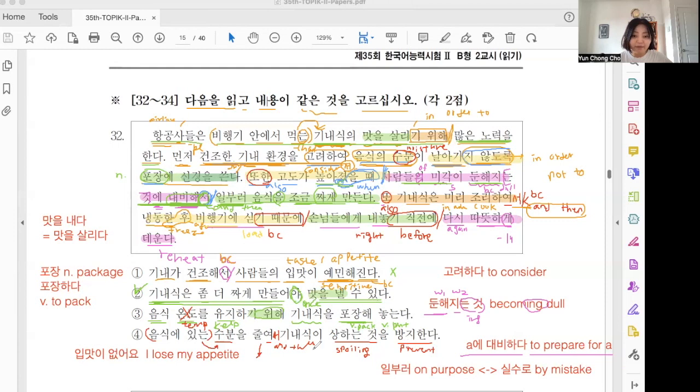They prevent the 기내식, the in-flight meal, from spoiling by decreasing the moisture that is in the food. So this is wrong. In order for the moisture of the food not to disappear, not by decreasing. So this is the wrong answer.